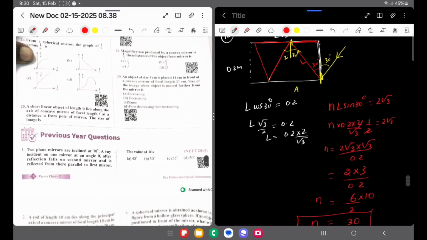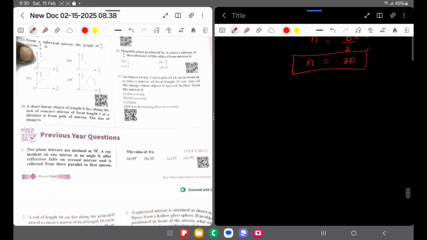So these are some ideas you should be very familiar with. Now we can also work out some previous year questions. Look into this first question. This question was asked in NEET 2013. Consider two plane mirrors making an angle of inclination of 70 degrees.